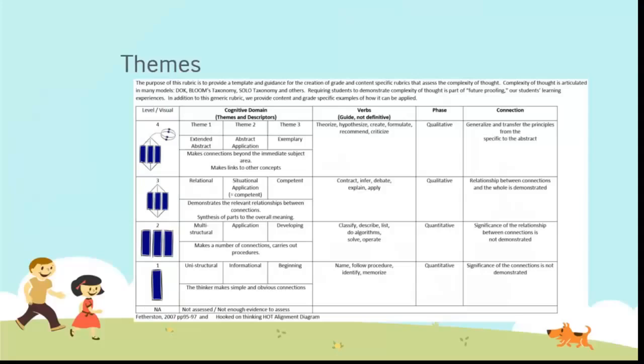The next section, Cognitive Domain and Descriptors. We realized that the task of coming to understand complexity of thought could get lost in the titles that might be used as some of the descriptors. Some research said that to avoid this, we should use unique terms, so as not to confuse words in common language with multiple interpretations of these words.